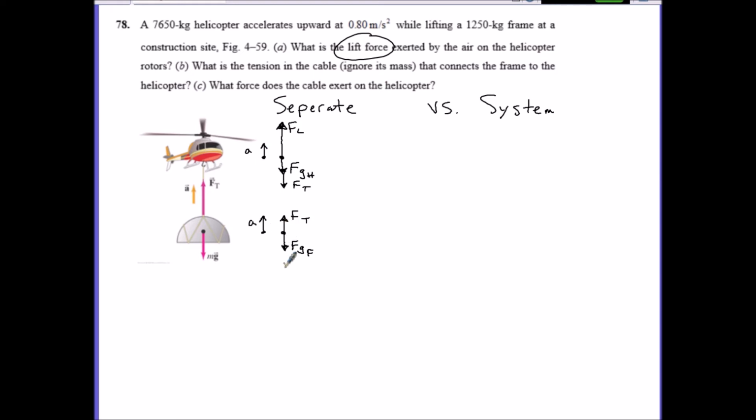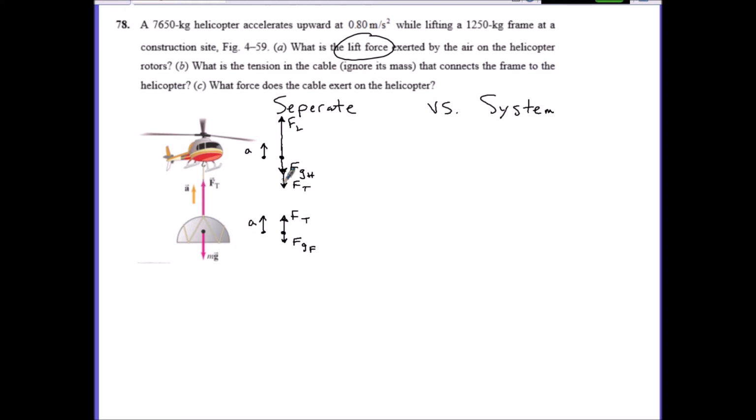I'm going to clean that up a little so that my drawing is more accurate. It looks like I might even draw this frame a little larger so that when I'm done, I clearly see that my forces are unbalanced in the upward direction on each of those.